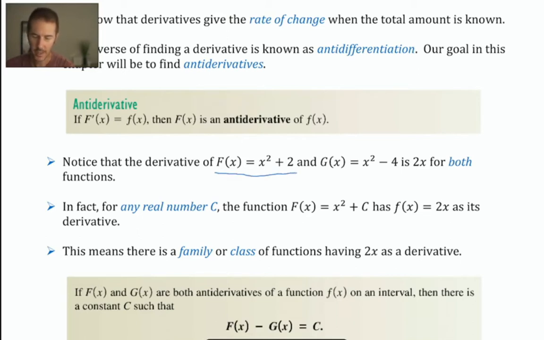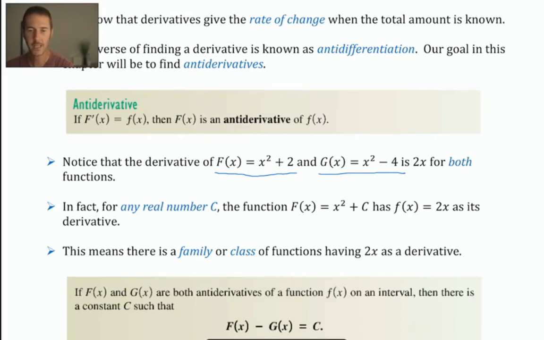This function, capital F of x, and this function, capital G of x, if you find the derivative of both of those functions, you'll find that the derivative is 2x for both functions. Now those functions are different, but you take the derivative of those and you get 2x. Now what if I want to go backwards?